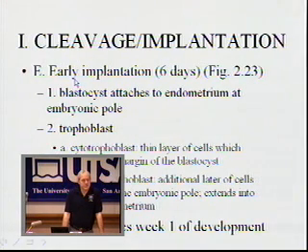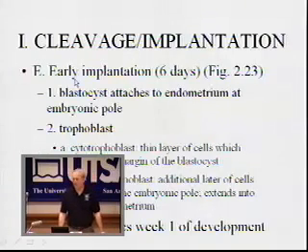So where are we in the menstrual cycle now? Is it pre-ovulatory or post-ovulatory phase? Obviously post-ovulatory phase. Are we in follicular phase or luteal phase? Luteal phase. And are we in proliferative or secretory phase of the uterine cycle? Secretory phase. Okay, so we've established it's post-ovulatory.